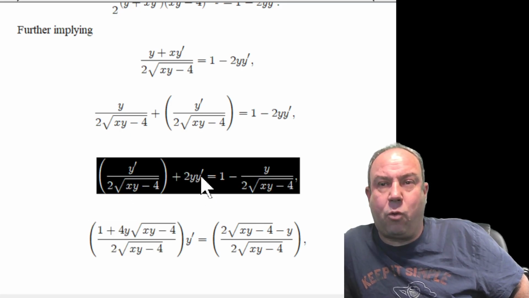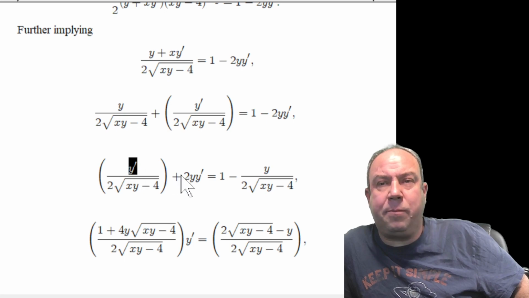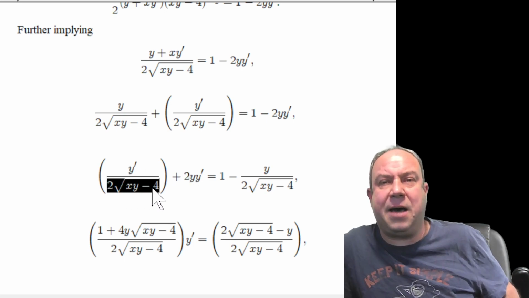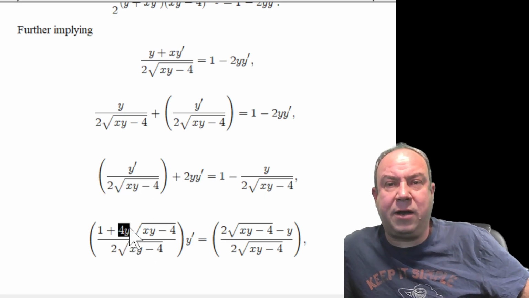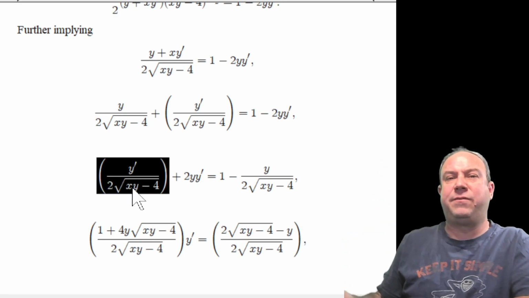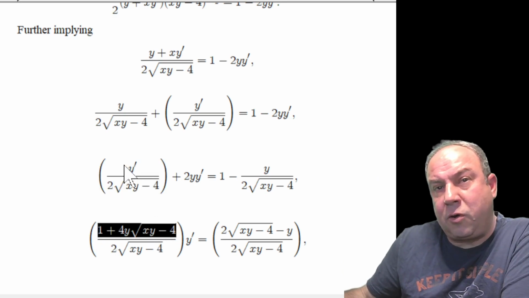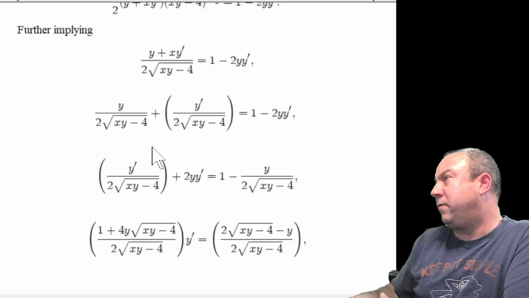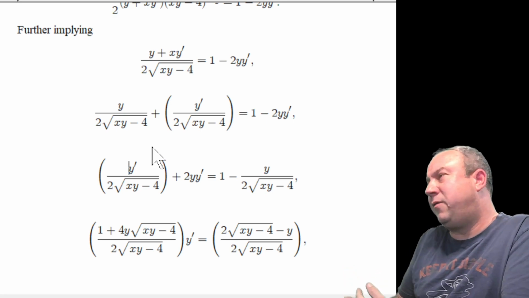I have factored a y prime out of this group, leaving behind a 1 up here and a 2y, which, to bring in a common denominator, I'd have to multiply that numerator 2y by 2 times the square root of xy minus 4. So that, when added to the 1 in the numerator here where y prime would be factored from, we end up with 1 plus 4y times the square root of xy minus 4 in that numerator.